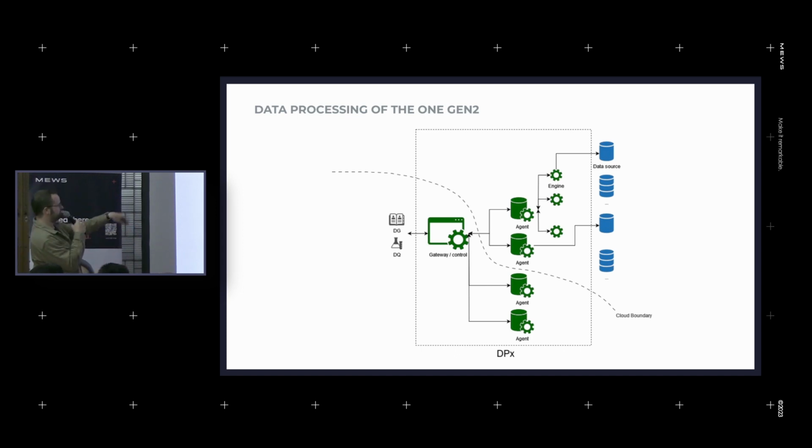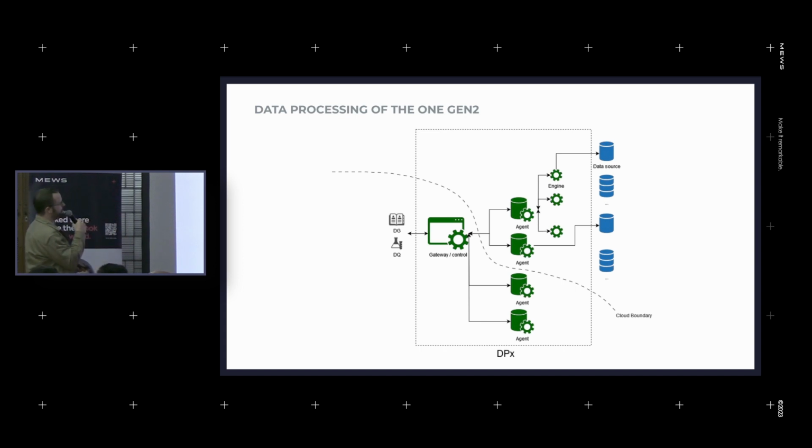There is some gateway control module which receives the job submissions, which basically say, hey, I want to scan for PII data on this data source. And this gateway control module distributes those jobs across various agents, which are usually located close to the data sources, so that you don't transfer data outside of the realm where the data source lies.